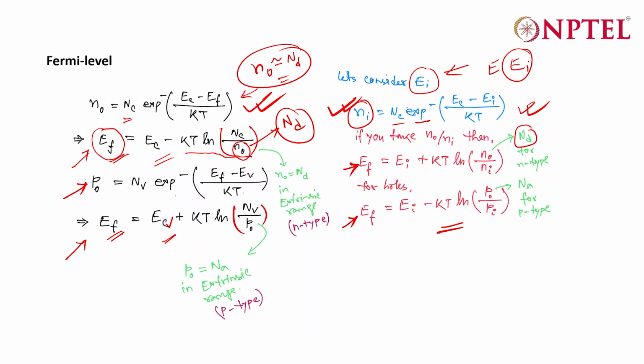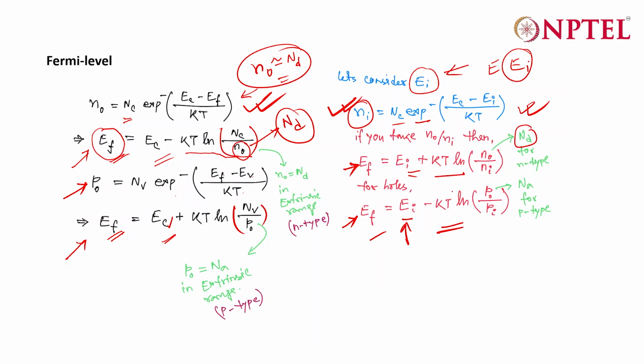Now you can see that for an n-type semiconductor, the Fermi level is above Ei because it's Ei plus a certain energy, right? For holes, or for p-type semiconductors, your EF will be below Ei because it's Ei minus kT ln.